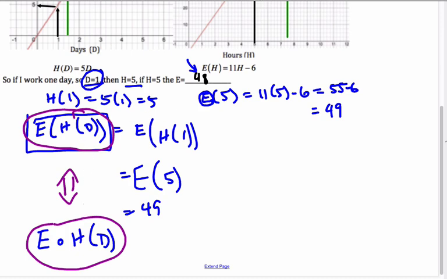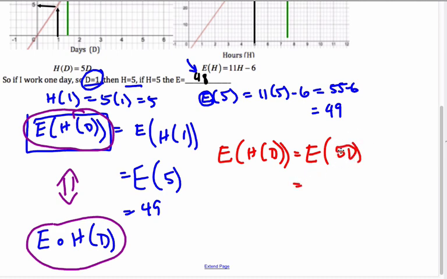We can also go and do it by the equations. If I take E of h of d, well, I know h of d is 5d. This is my h.